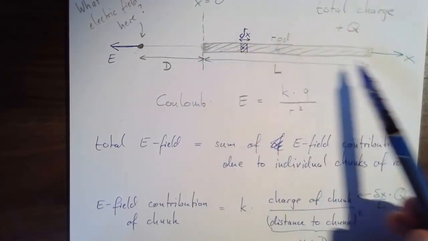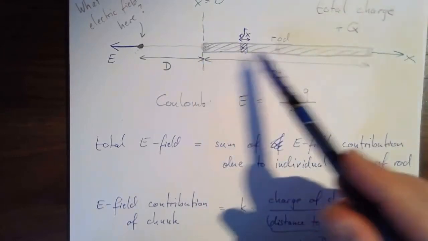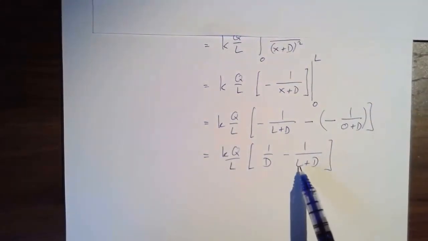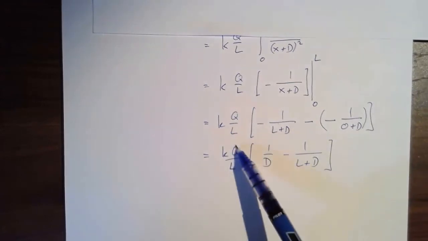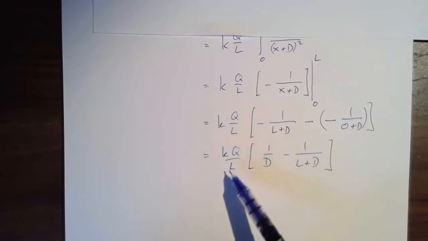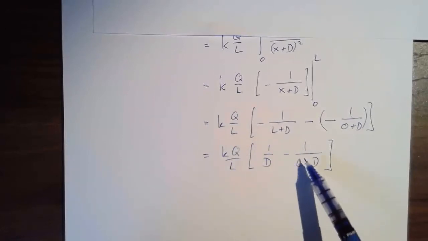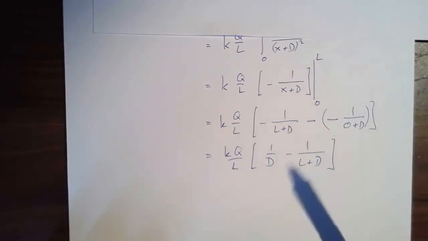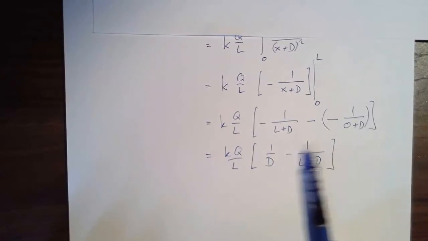I've got an infinite number of coulombs total, if it's an infinitely long rod. Even then, if you plug in L equals infinity here, this fraction here is lambda, right? This is a constant. Plug in infinity here, well, that just makes this thing go away. It's still a finite value. But for the finite rod, this is our final answer.